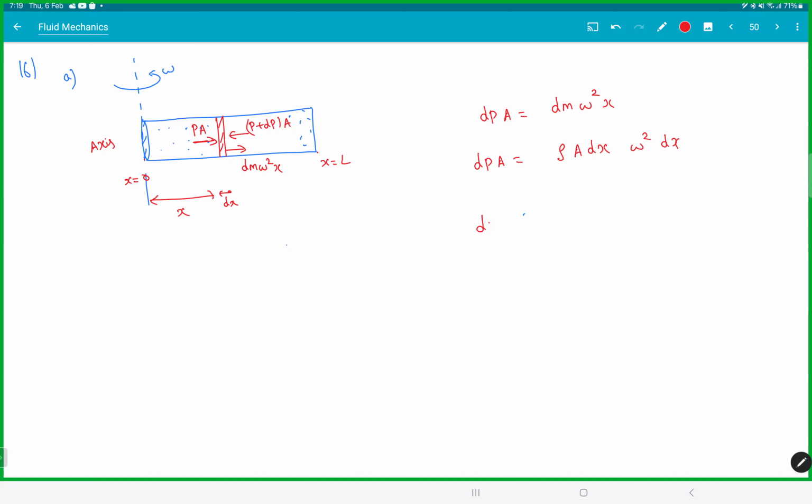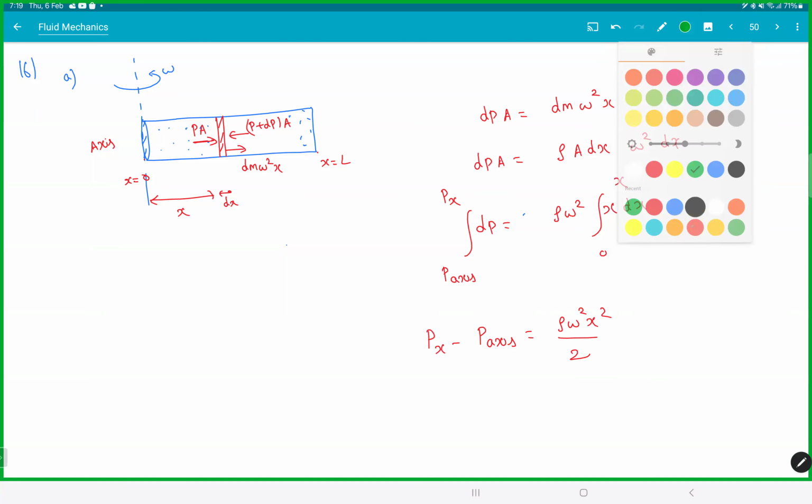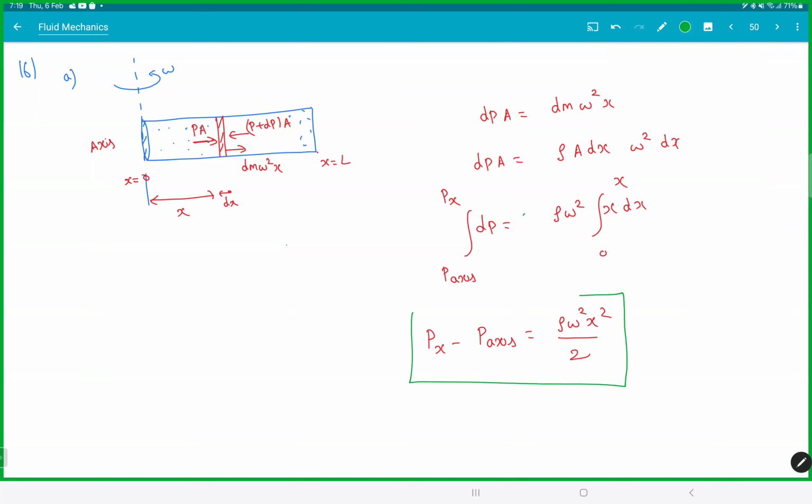Area cancels, we get dP is equal to rho omega square x dx. The limits will go from 0 to x. Now, at the axis, we don't know the pressure. This is Px. So Px minus P axis, the difference in pressure, is rho omega square x square by 2. Pretty decent result. You can remember this.